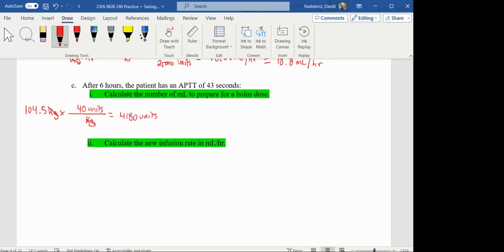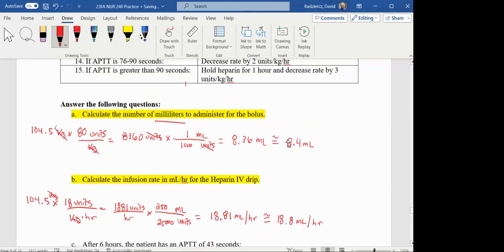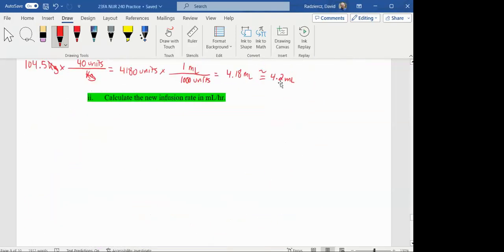And then I'm going to convert units to milliliters using my same bolus dose strength that we used before. That was 1,000 units per milliliter. So that didn't change. And then we're going to get 4.18 milliliters, and we're going to round that to the nearest tenth, which should be half of the 8.4 we did previously, right? So 8.4 divided by 2 will give me 4.2.